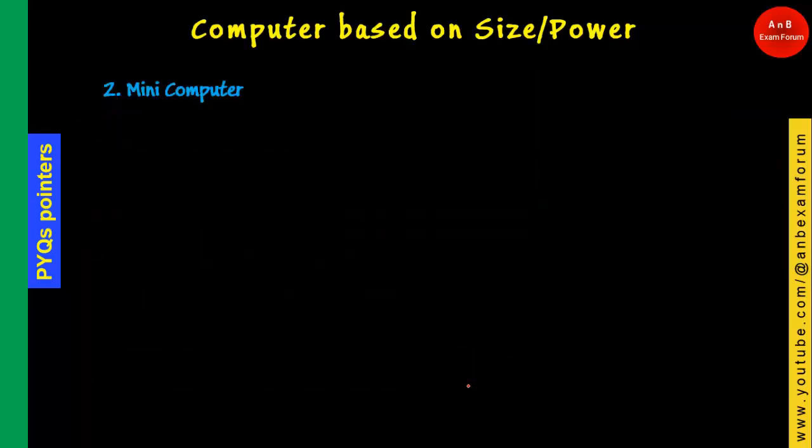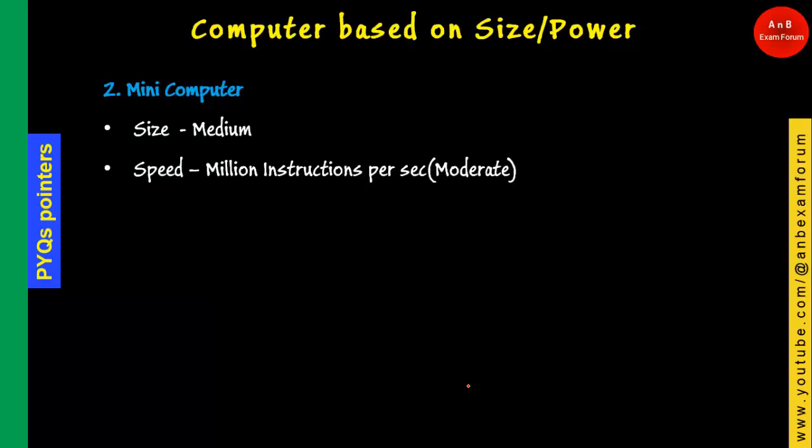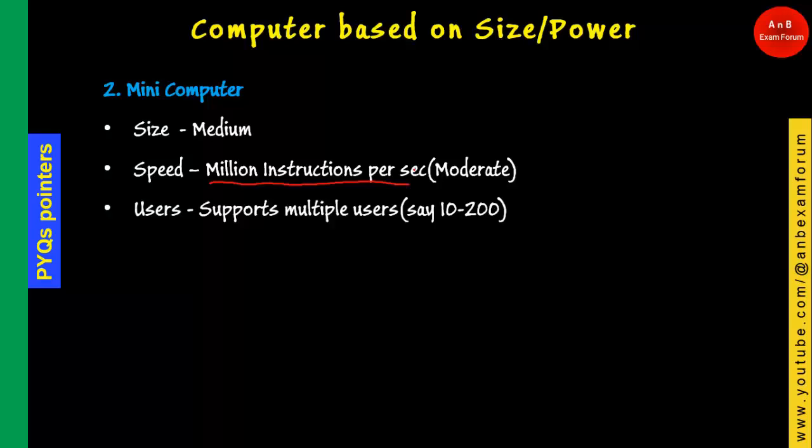Coming to the next is mini computer. The size is medium and its speed is moderate. Whereas micro executes thousands of instructions per second, here it increases to millions of instructions per second. And it supports multiple users, say 10 to 200. The very popular examples are PDP-11 and IBM AS4000 computers.